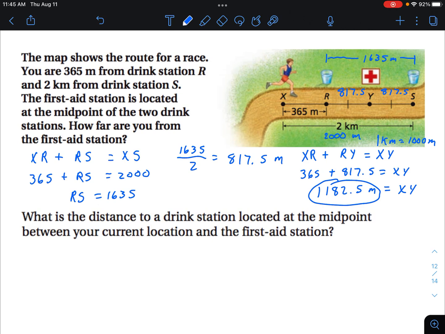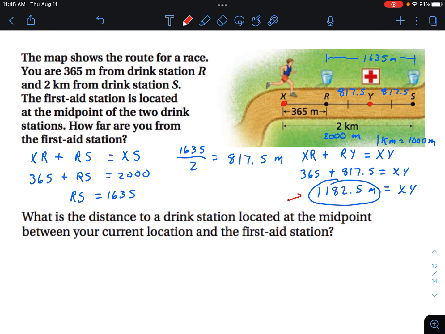Now, because we did all that math for the first problem, the second question here gets a little bit easier. It says, what's the distance to a drink station located at the midpoint between your current location and the first aid station? So I'm going to change colors here. So we're looking for the distance to a drink station located at the midpoint between our current location X and the first aid location Y. So between X and Y, we want to find where is that midpoint.